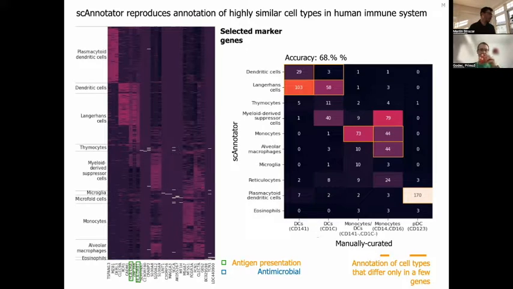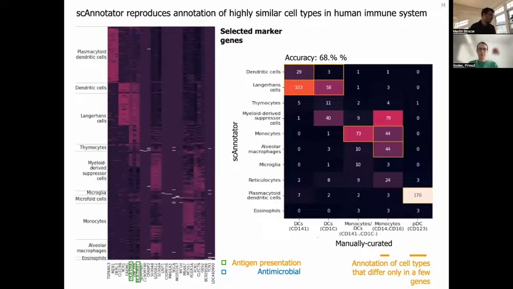And in general, the marker genes that we identified roughly separate the space of cells into the antigen-presenting cells that are marked by your famous HLA-DR and DRB genes. These are antigen-presenting genes.